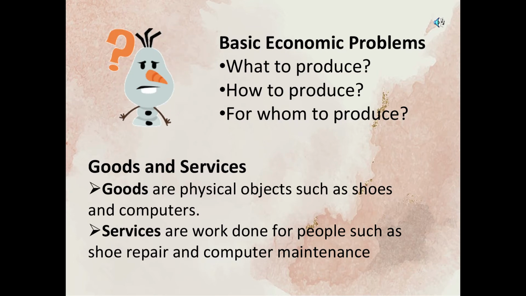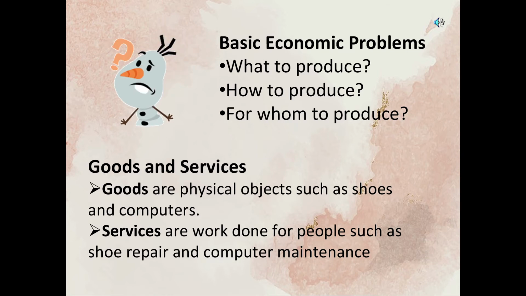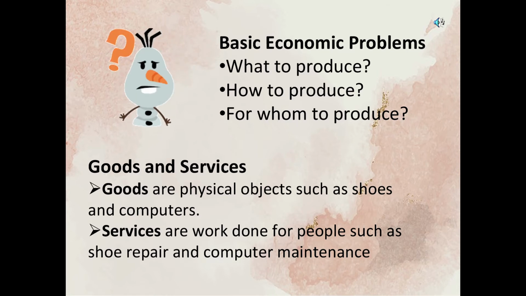Services, on the other hand, are work done for people such as shoe repair and computer maintenance. How to produce? What could be those resources needed for you to be able to produce such goods and services? And lastly, for whom to produce, or your target beneficiary or consumers.